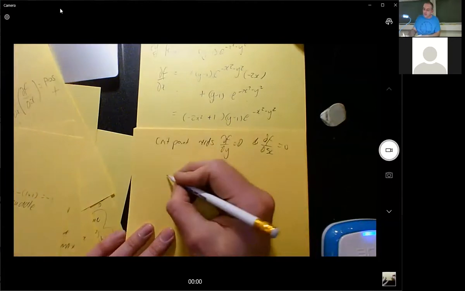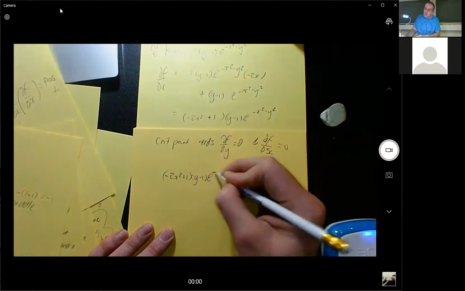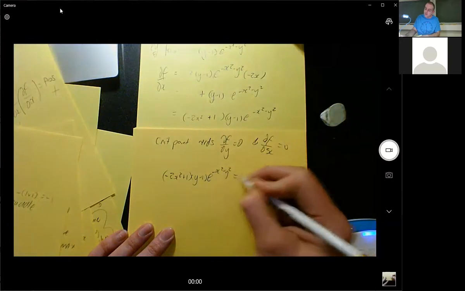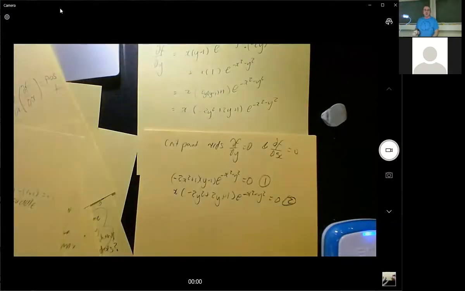I've got one here. I've got minus 2x squared plus 1 times y minus 1 times e to the minus x squared minus y squared has to be 0. That's equation number 1. And equation number 2 is, I'm just going to write it down. So when I get my two derivatives and create my two equations, this is what I've got.